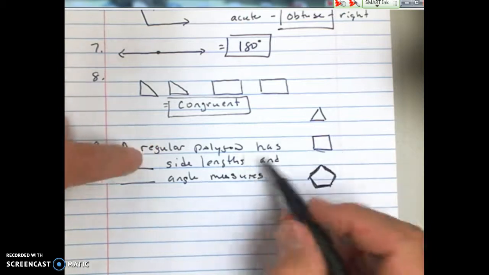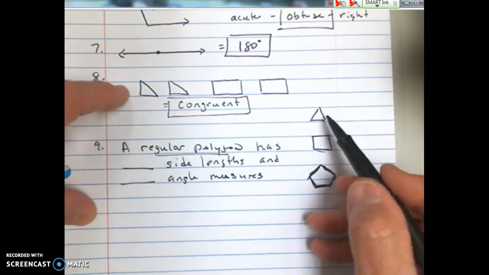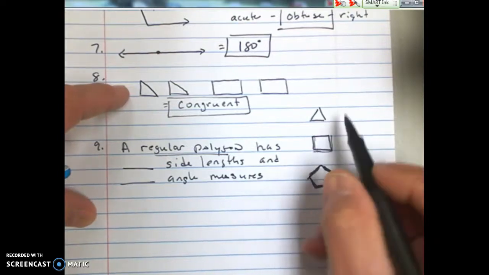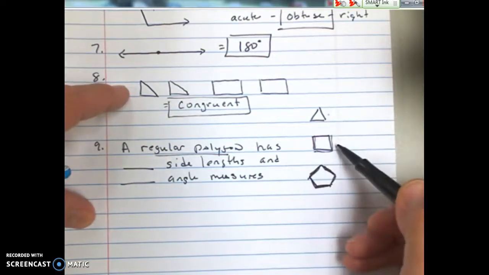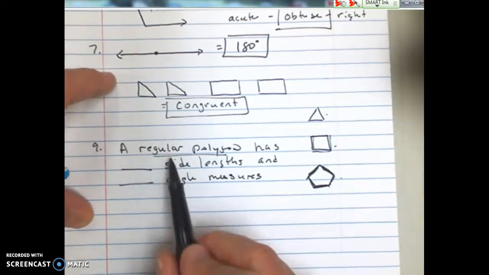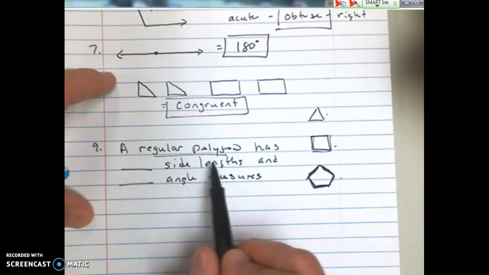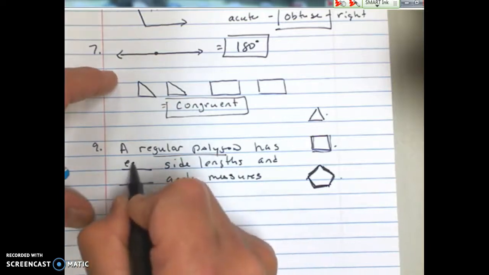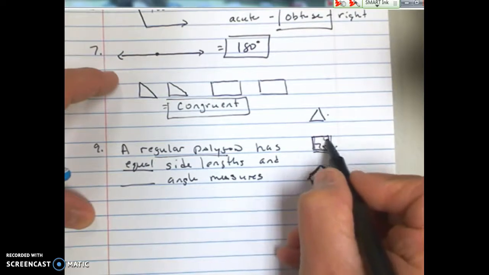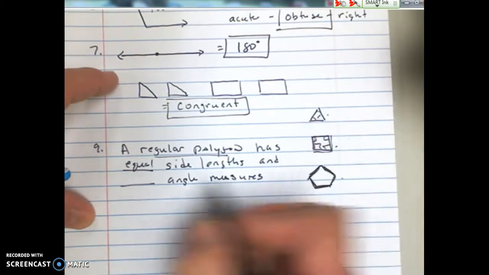So when we have a regular polygon, it means that all the sides are the same and all the angles are the same. Whether it's a triangle, a quadrilateral, or a pentagon, all the sides are equal and all the angles are equal.